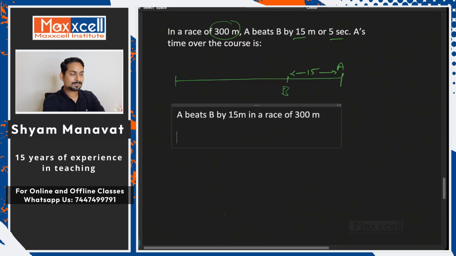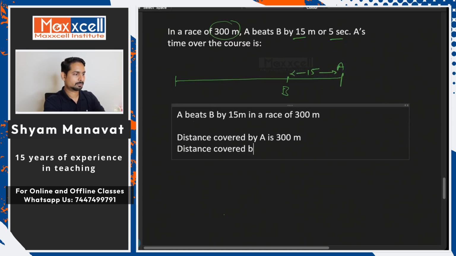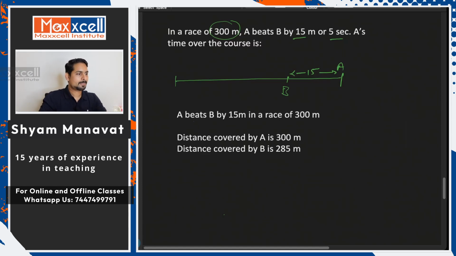The distance covered by A is the entire 300 meters, as A reaches the finish point, whereas the distance covered by B is 15 meters less, so 285 meters. Yes, I hope that is clear. Okay, well, great.